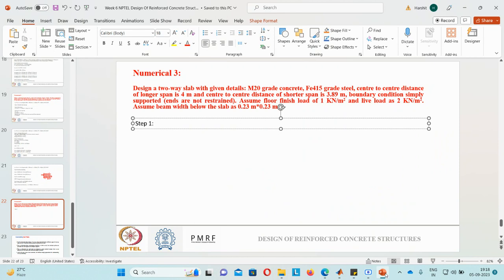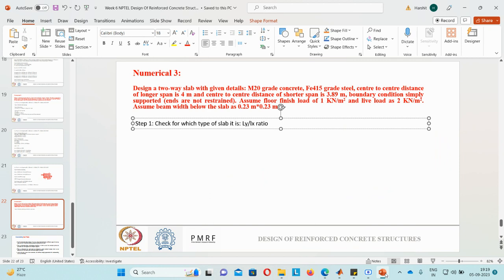Okay, so always step one is to check which type of slab it is. How do we check? Based on Ly by Lx ratio. If it is greater than 2, we say it is a one-way slab and it is spanning along the shorter direction only, and we provide main reinforcement along the shorter direction, and that is it.